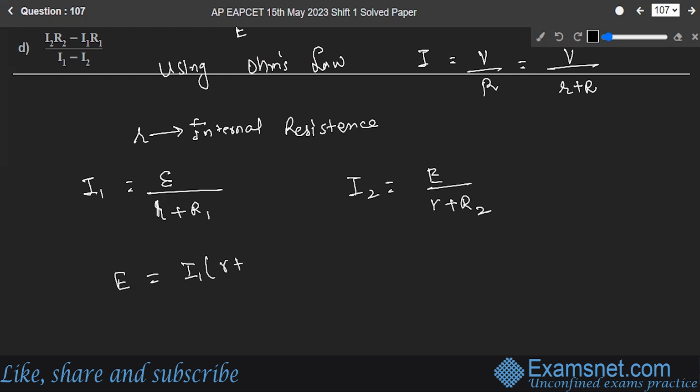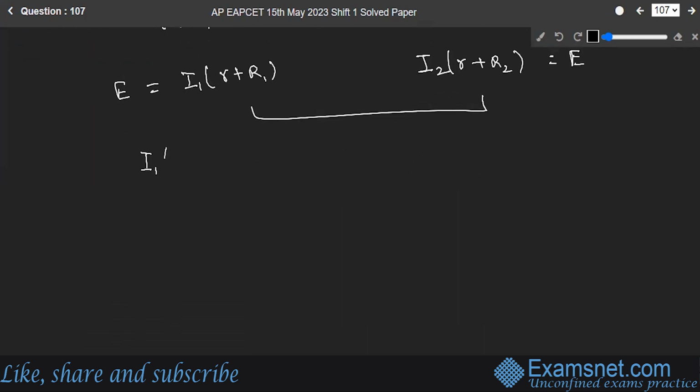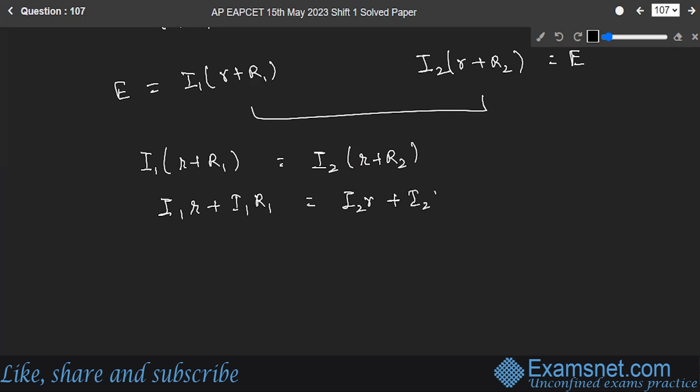So I1 into (R plus R1) is equal to E, and I2 into (R plus R2) is equal to E. So that makes both of them equal. That means I1(R plus R1) is equal to I2(R plus R2), or I1 R plus I1 R1 is equal to I2 R plus I2 R2, or I1 R minus I2 R is equal to I2 R2 minus I1 R1, with R common.